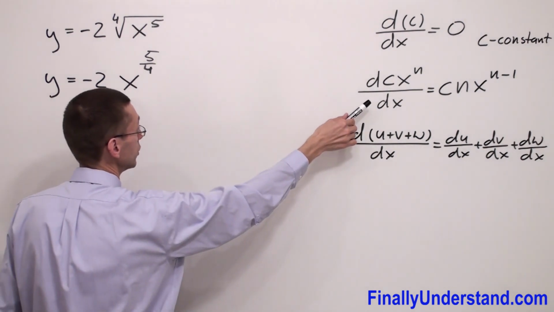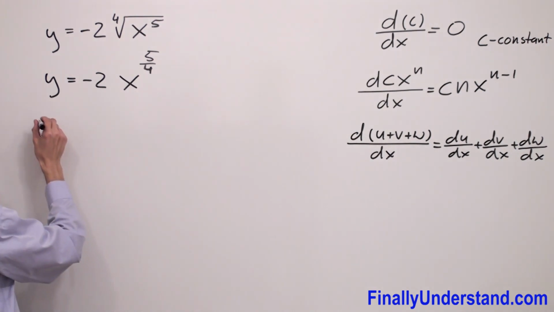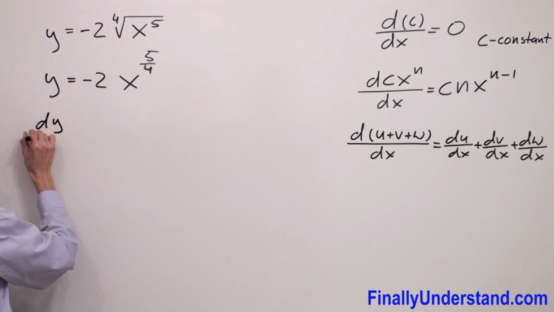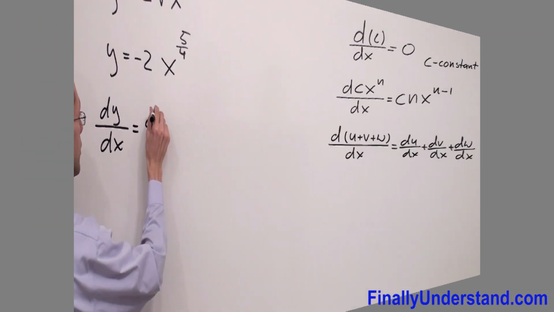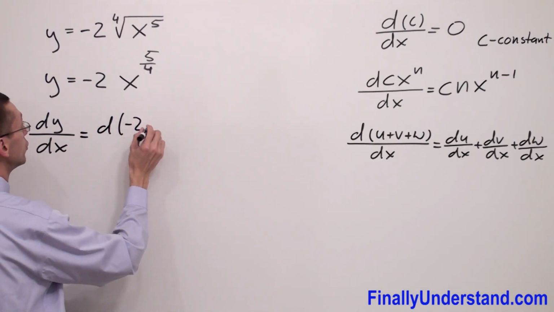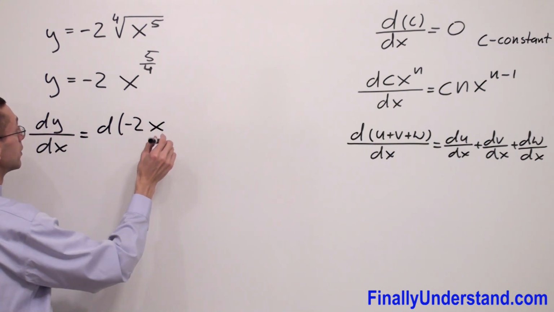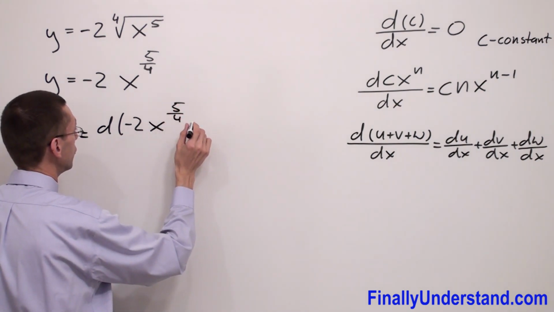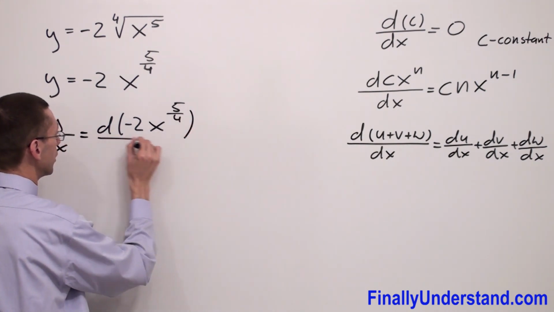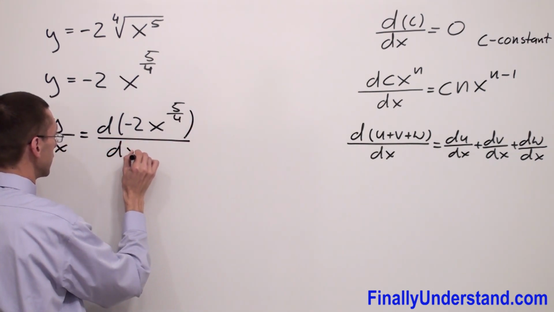That means I'm going to use this formula, and I'm going to write dy over dx is equal to the derivative of negative 2x to the power 5 over 4 over dx.